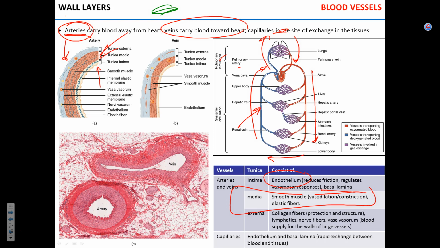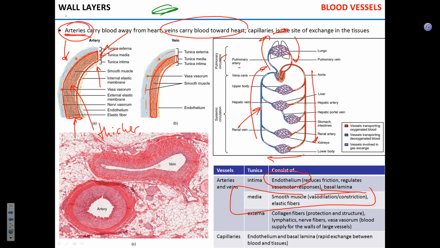You can see that smooth muscle layer, tunica media, is much thicker. Tunica media is much thicker in arteries than in veins, which explains why arteries have much more pronounced vasomotor response.